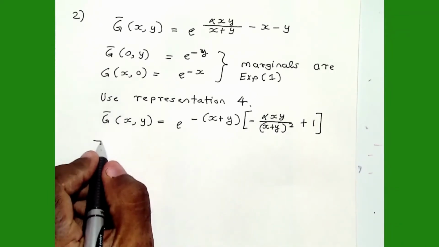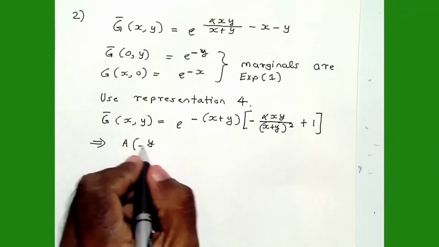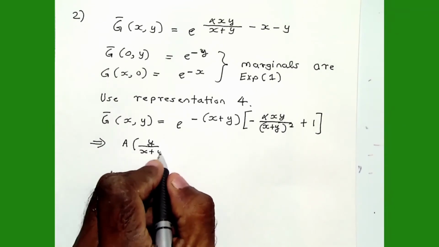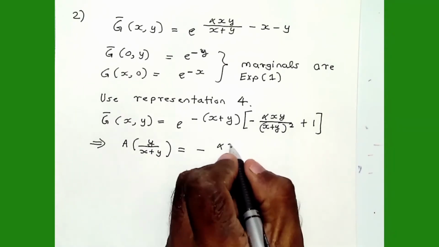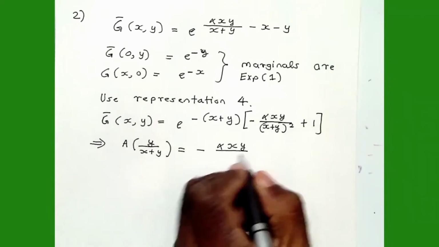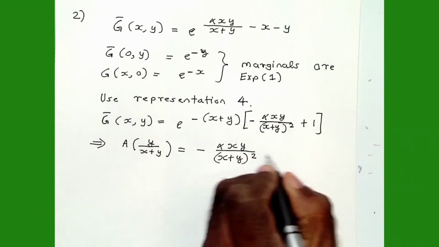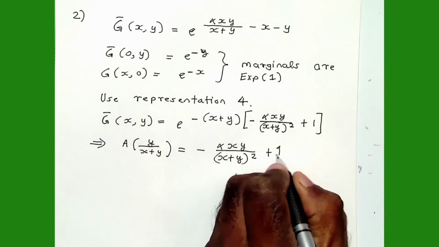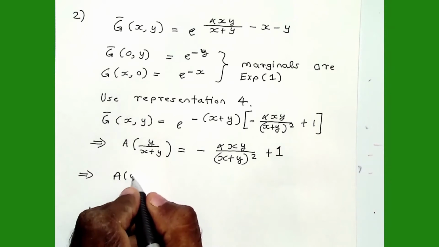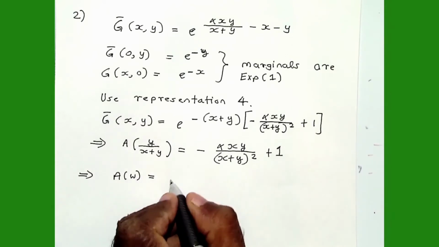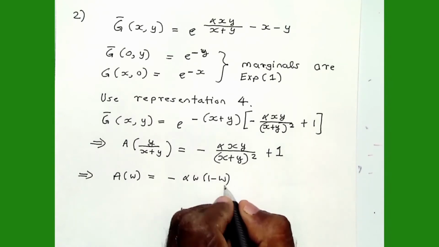So what this implies is that your A function is equal to minus of alpha, okay, so which implies that your A of w, right, is equal to minus alpha w times 1 minus w plus 1.